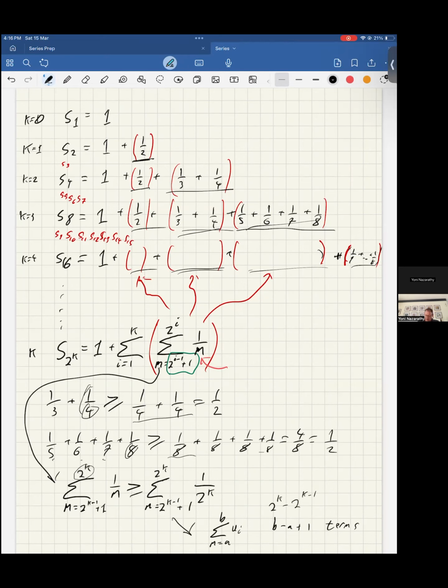Or you can factor out 2 to the power k minus 1, times 2 minus 1. So there's 2 to the power k minus 1 terms, and they're all the same. They're all 2 to the power k. The idea of the lower bounding is we no longer depend on m here. It's just 2 to the power k. So that is just 2 to the power k minus 1 terms times 1 over 2 to the k, and that's, of course, a half. So this is an argument that shows that each of these guys is lower bounded by a half.